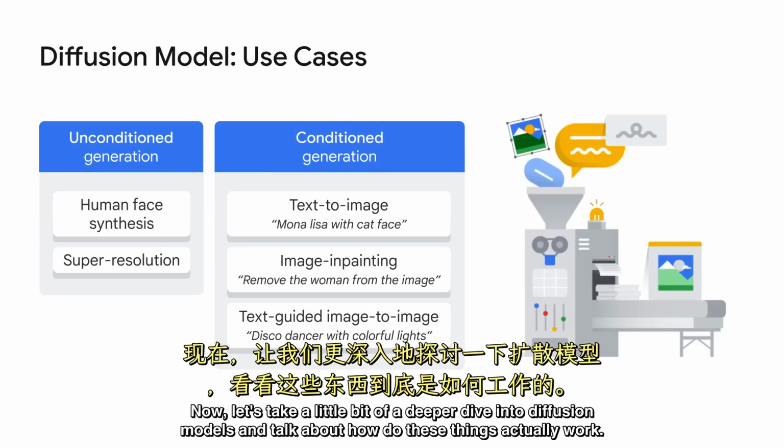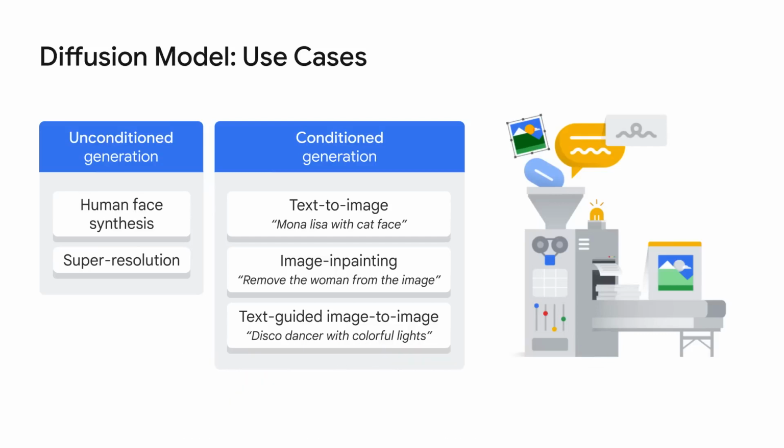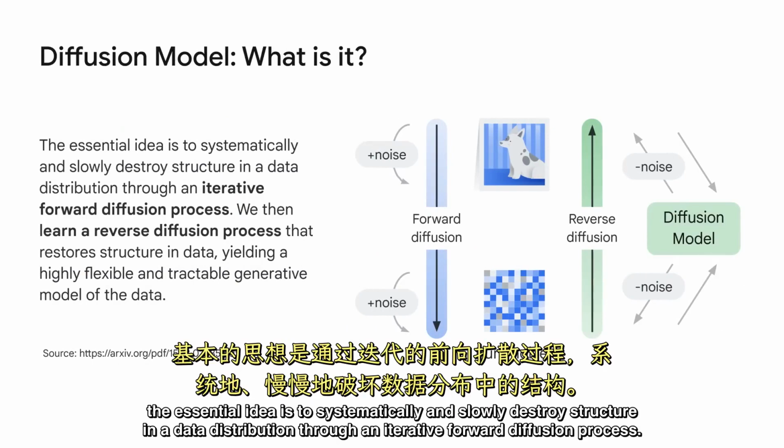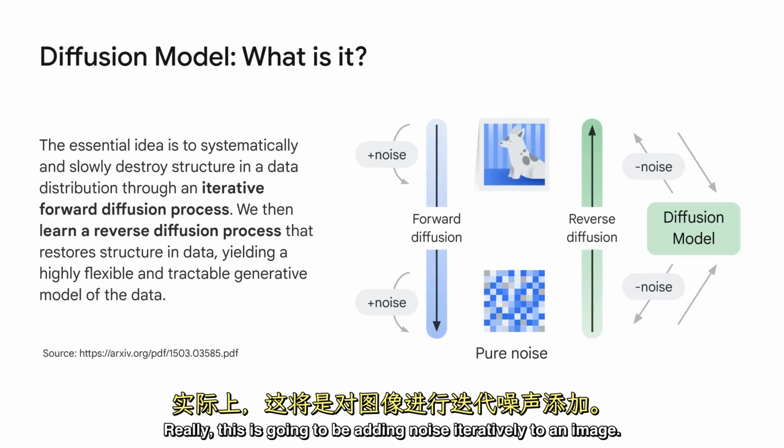Now, let's take a little bit of a deeper dive into diffusion models and talk about how these things actually work. As noted on the slide here, the essential idea is to systematically and slowly destroy structure in a data distribution through an iterative forward diffusion process. Really, this is going to be adding noise iteratively to an image.